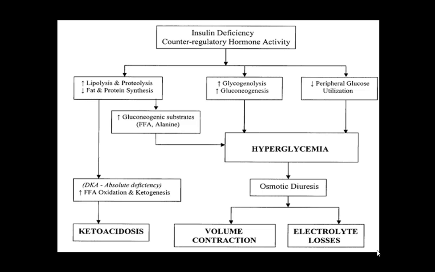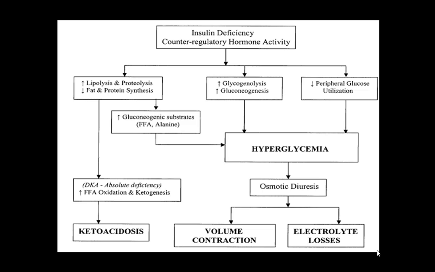If you look at the pathophysiology, you will have an insulin deficiency and counter-regulatory hormone activity. And what does this do? This causes lipolysis and proteolysis, and obviously it decreases fat and protein synthesis. Now when you have an insulin deficiency, the other two mechanisms that are triggered are gluconeogenesis and glycogenolysis. It is trying to take care of glucose, and then peripheral glucose utilization goes down.